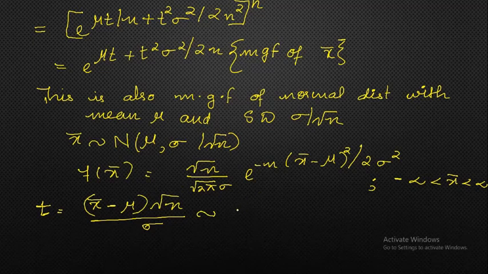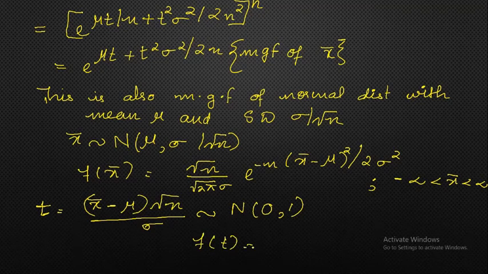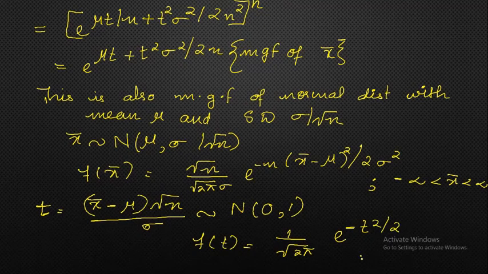So t follows a standard normal distribution with mean 0 and standard deviation 1. And f of t is equal to 1 by root 2 pi, e raised to minus t square divided by 2, where t lies between minus infinity and plus infinity.